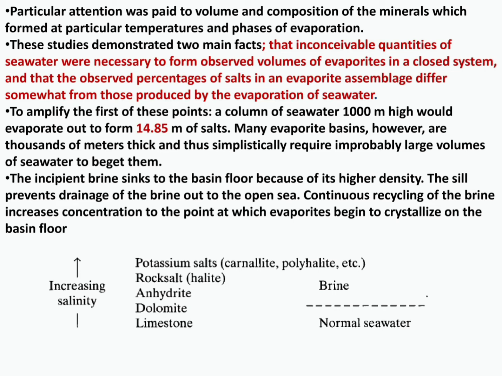A 1 kilometer thick column of water will yield only 14.85 meters of salt, and now you are getting on the earth's surface a column thousands of meters thick. So you can imagine how thick the water column was previously.